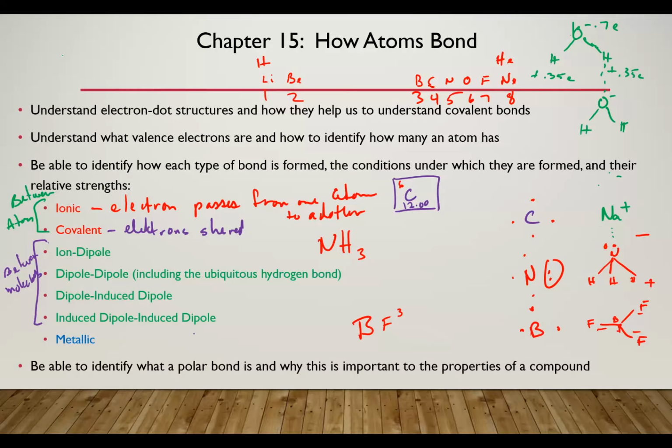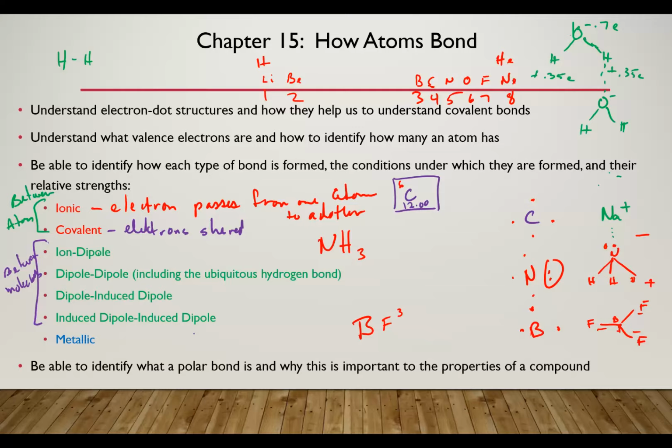Dipole-induced dipole is when, for instance, you have a water molecule that is a natural dipole, and then you have something like, let's say, a hydrogen molecule. Hydrogen molecule is two H's bonded together. Well, the hydrogen molecule is symmetrical, perfectly symmetrical, because the electronegativities of the H's are identical.